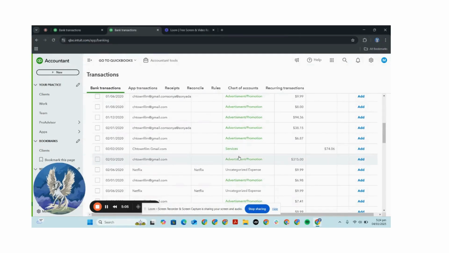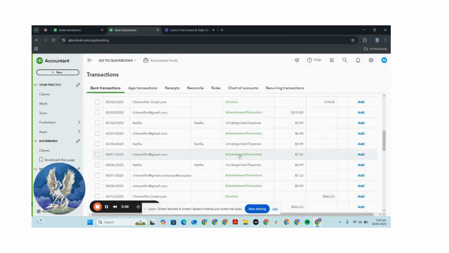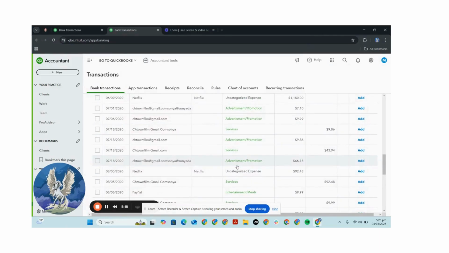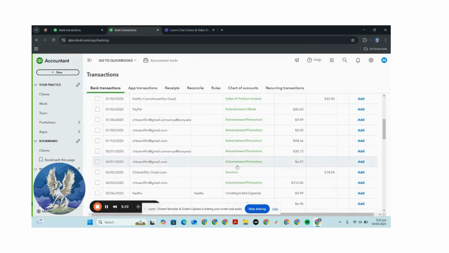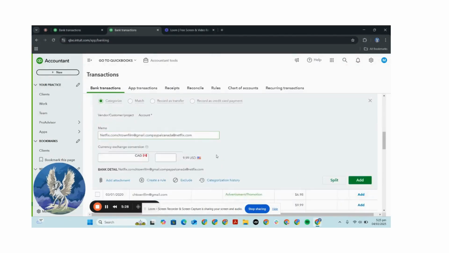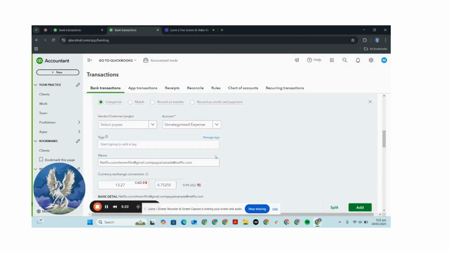This is the lifeblood of the accounting system, because the system is finding out what is going into income and where the expenses are, and what transactions hit the balance sheet or profit and loss. For example, if I'm going to categorize one of these transactions, for example this one, Netflix, we can add a vendor and account as well.